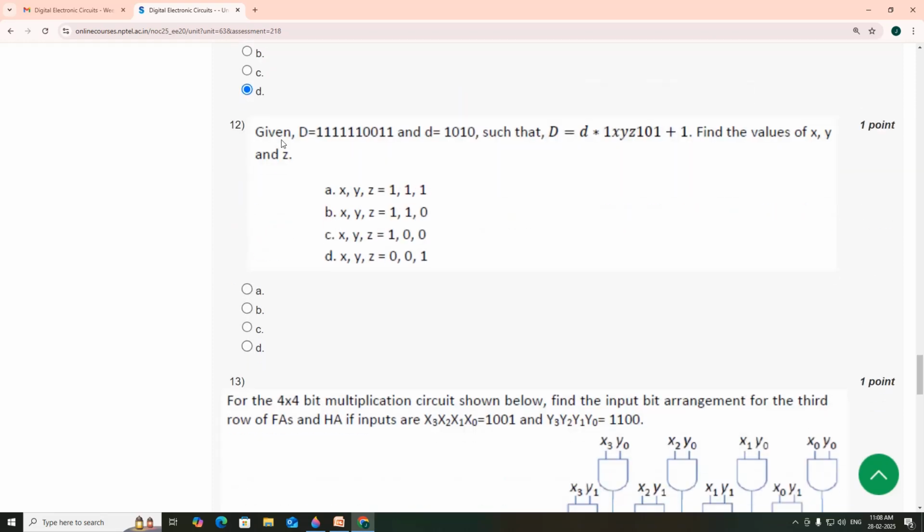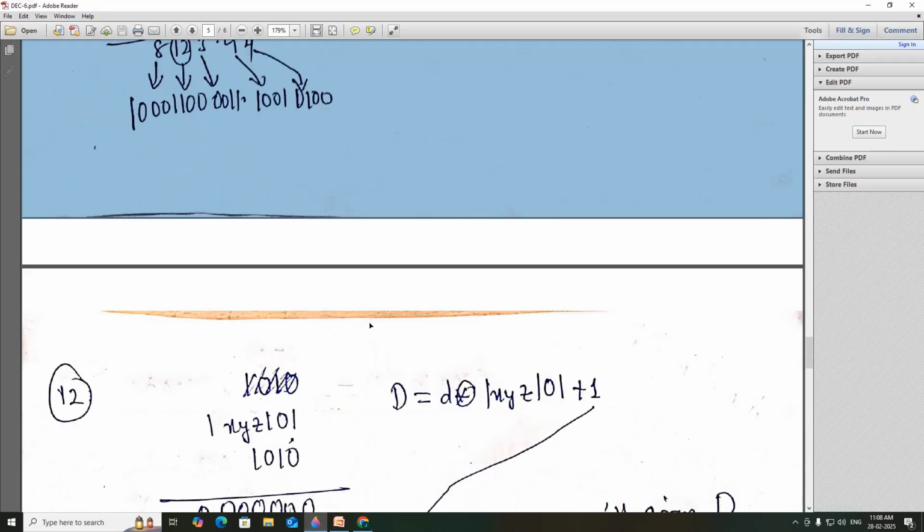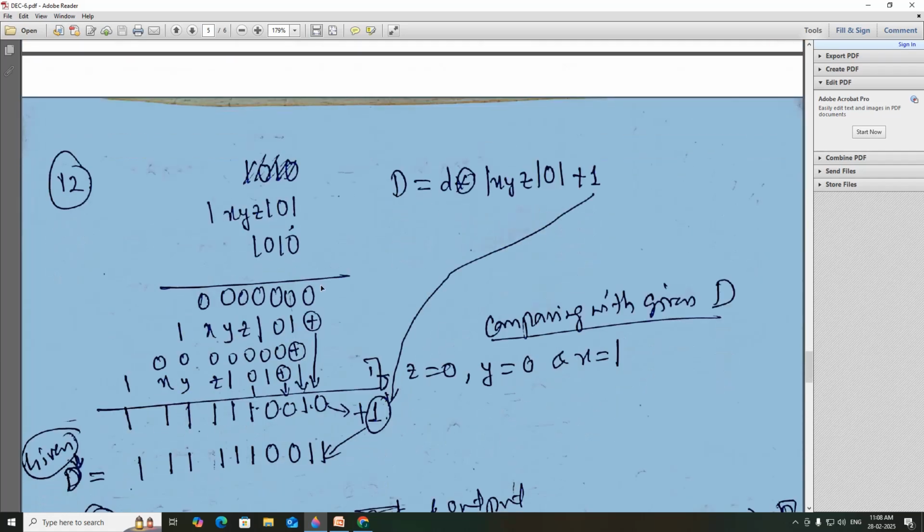12th one. So here D is given, small d is also given. We need to find x, y, and z values. How do we find the x, y, z values?